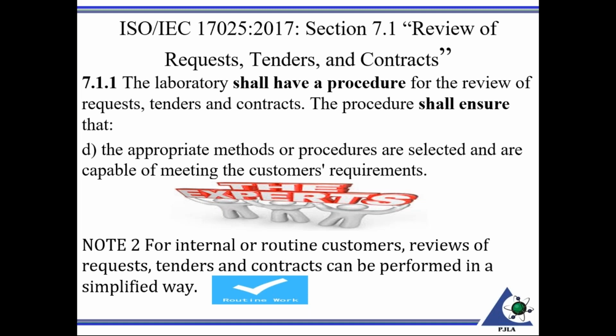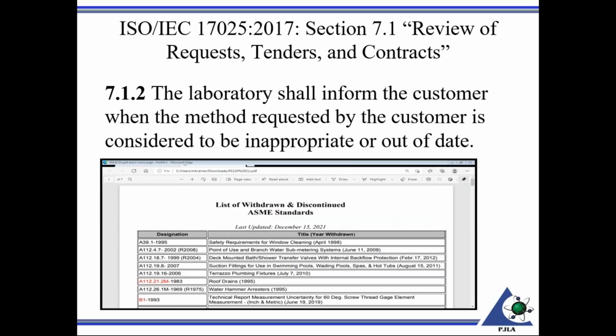If it's all stated up front somewhere in history, and it's just been continually agreed to as the years go by without interruption, that would be considered a routine customer. And this process would not have to be repeated every time they send an artifact to calibrate or a sample to be tested.